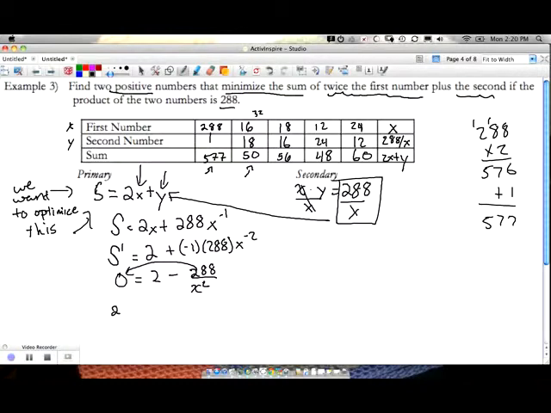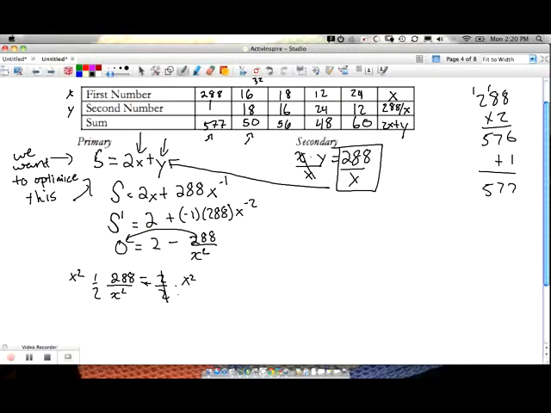If I start doing some algebra, move things around, 288 over x squared equals 2. I'm going to do a combo play here. Divide by 2 on both sides, or multiply by 1/2. And I'm going to multiply by x squared on both sides. That tells me that I'm going to get 288 divided by 2, which is 144, and that equals x squared.